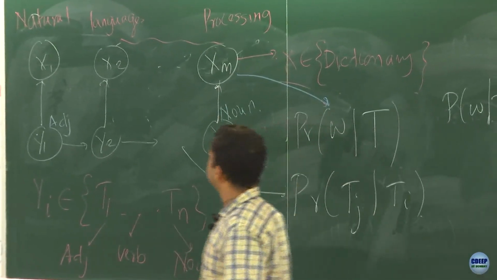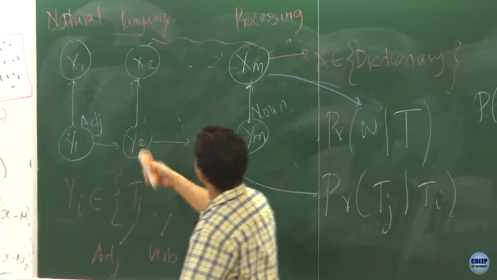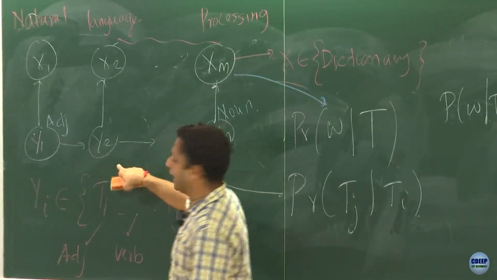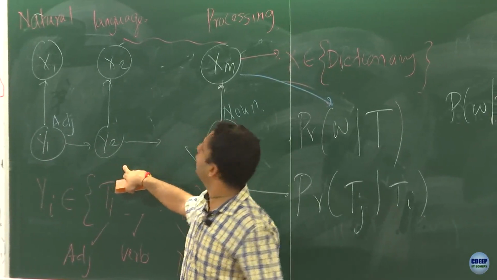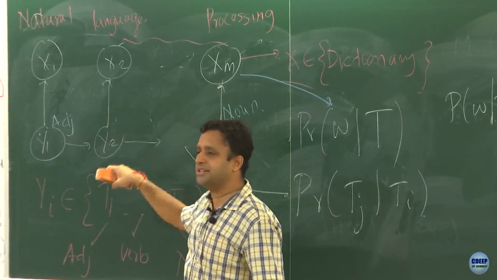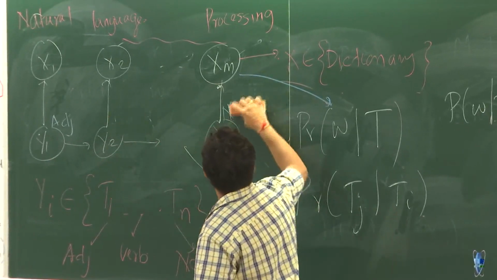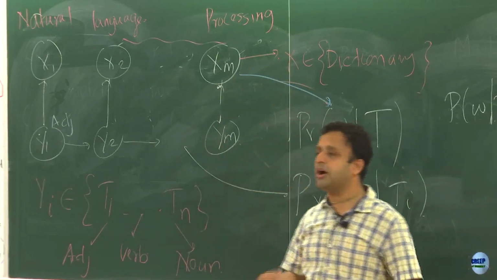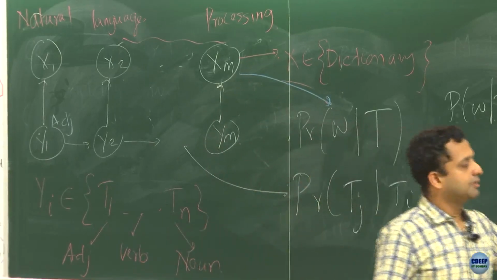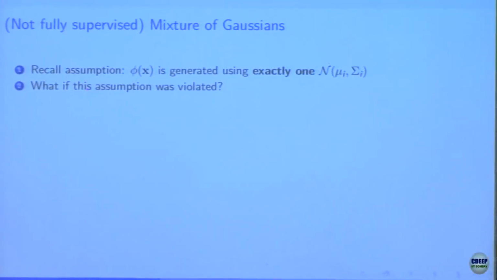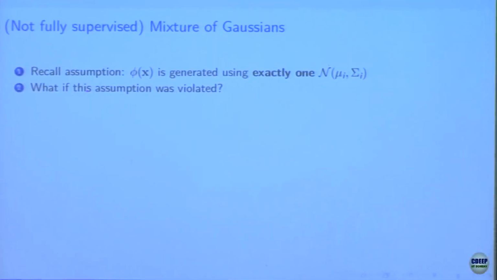In the case of hidden Markov models, the same thing is, I tell you this is adjective, but I don't tell you the part of speech tag of language. So natural is adjective, language I don't know, processing I don't know. How do I deal with incomplete observations in both cases? So I will quickly look at the mixture of Gaussians case.